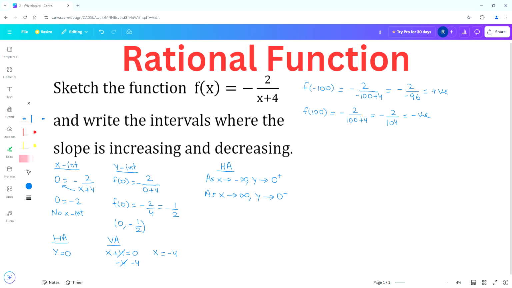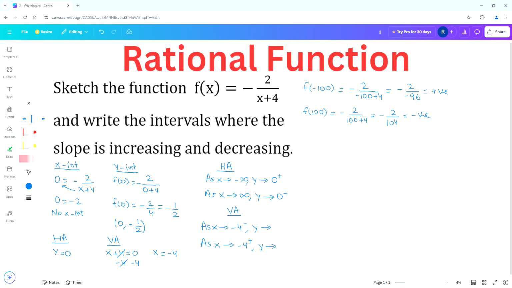Now we can find the end behavior for the vertical asymptote. The vertical asymptote is at -4. We have to find whether y approaches positive or negative infinity on the left side and the right side of this vertical asymptote. Let's start with the check on the left side.